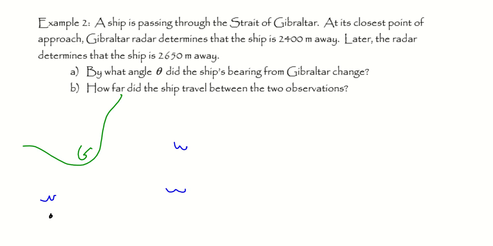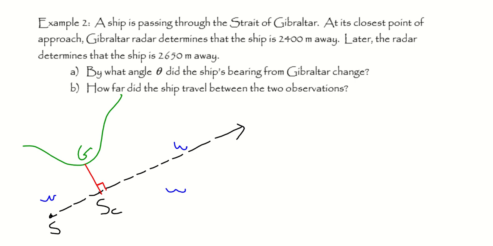Let's say, this is my artistic abilities, that S represents my ship, passing on a path through that water. It says at its closest point of approach. So the closest my ship is going to get to Gibraltar is when its distance is perpendicular to its path.